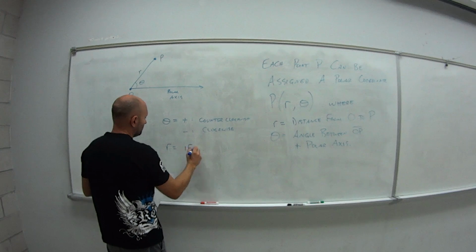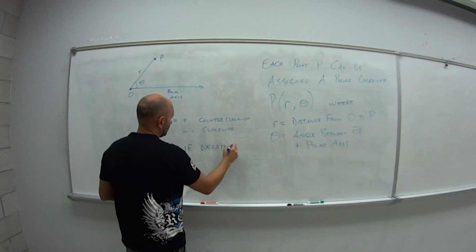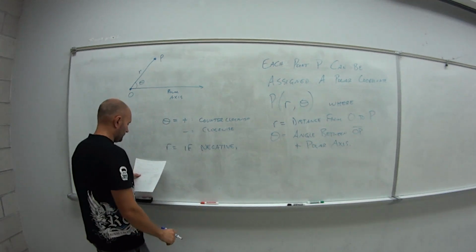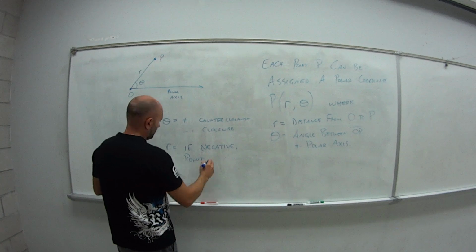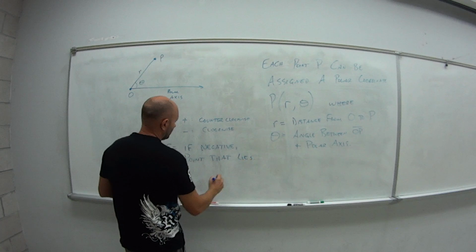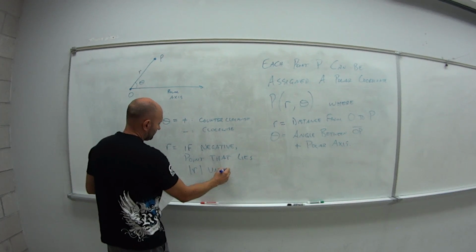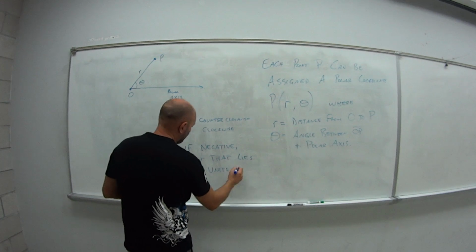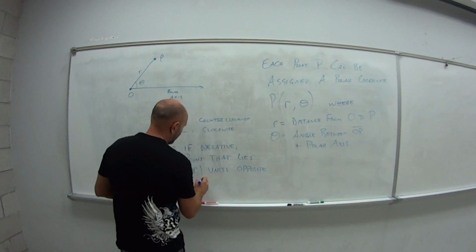If negative, then it's the point that lies the absolute value of r units opposite of theta.